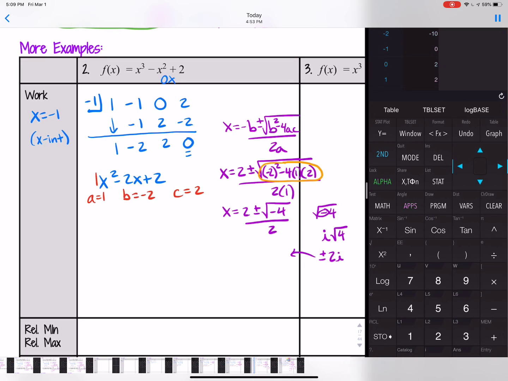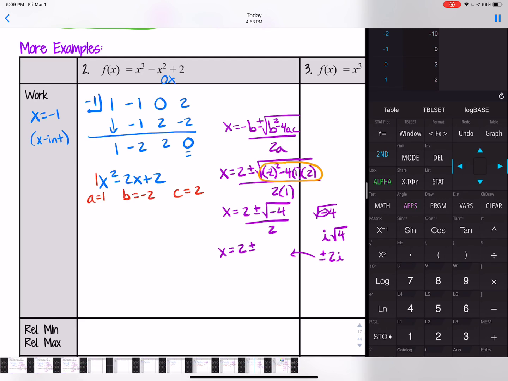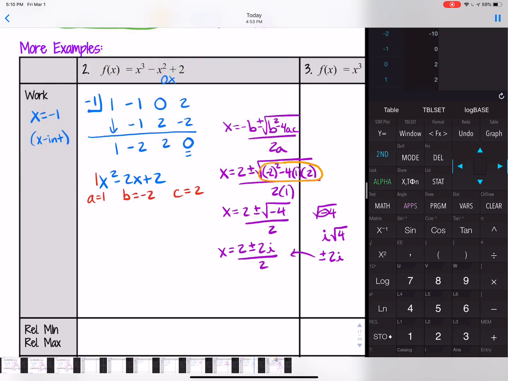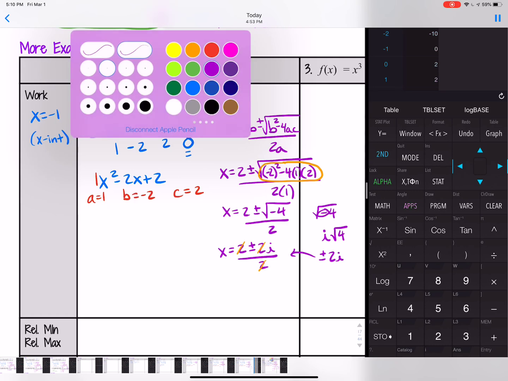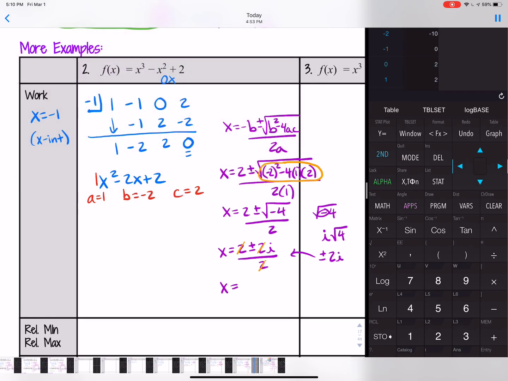But then we got to put it back into the problem. So let's come back over here and put it all together again. So x equals 2 plus or minus 2i all over 2. And then we could just reduce all of the 2's because all 3 of them could be reduced by dividing by 2 and write x equals 1 plus or minus i.